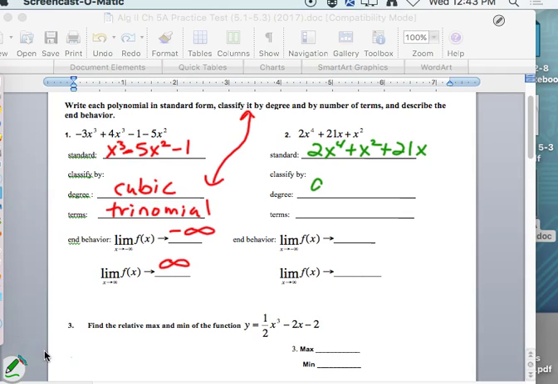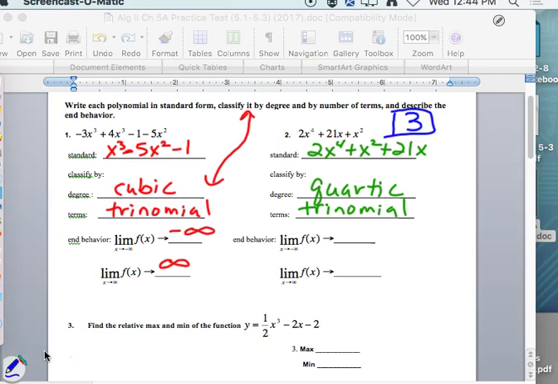By the number of terms? Trinomial. 1, 2, 3 terms.